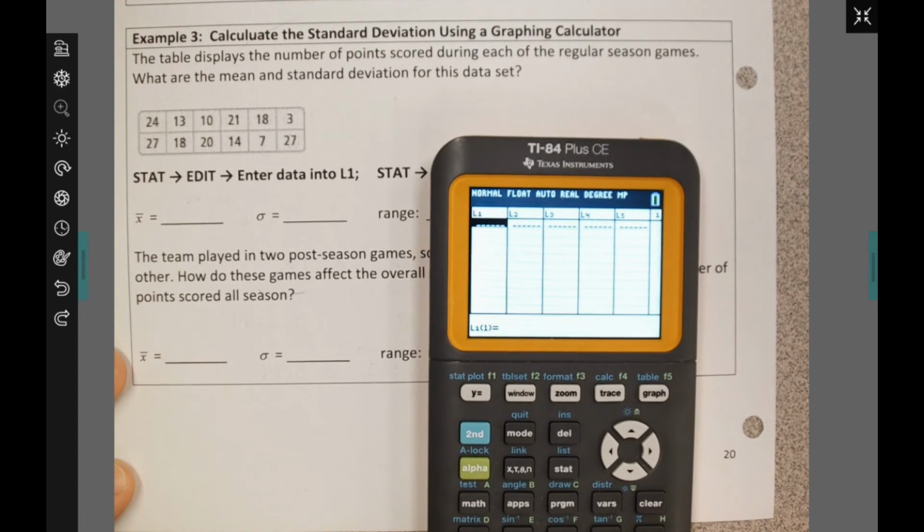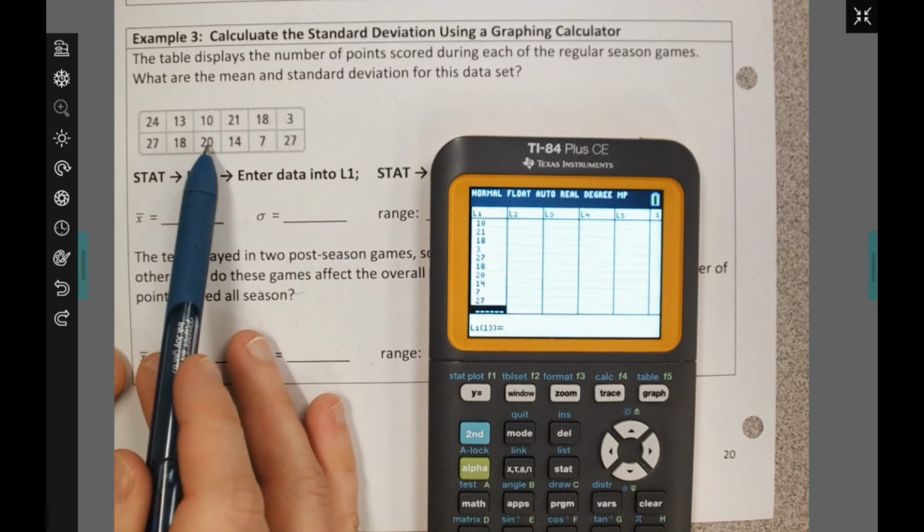And then we're just going to enter the data. So you got 24, 13, 10, 21, 18, 3, 27, 18, 20, 14, 7, 27. So 1, 2, 3, 4, 5, 6.